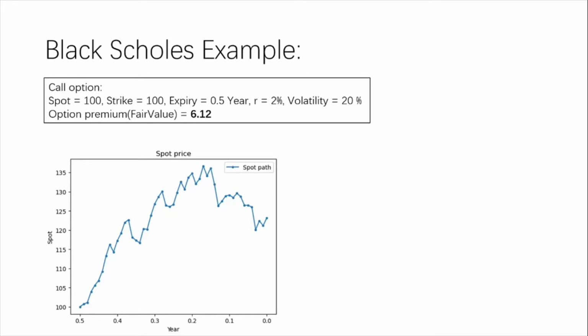In this case, if you are a call option holder, definitely you will exercise the option at expiry, and you will make a profit of 123 minus strike 100. So you will make $23 of benefit for each option you bought. But of course, you have to subtract the option premium that you paid to the bank.